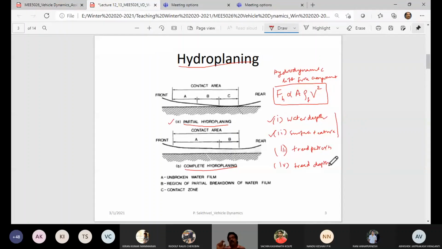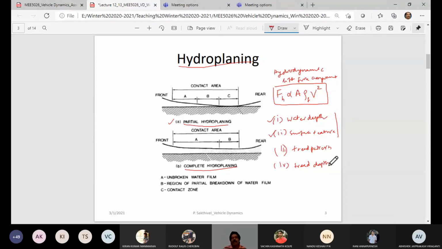That's what tread depth is. That decreases as the wear of the tread takes place. So as you use your tires, the tread depth decreases. The more the tread depth, the more water you can accommodate whenever such scenarios come. And if you have grooves and channels more prominent on an unworn tire, they would channelize the water to escape.